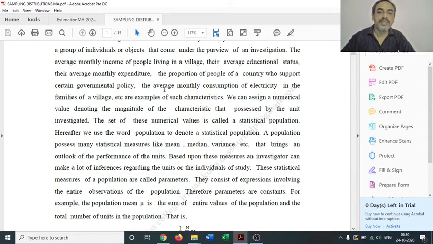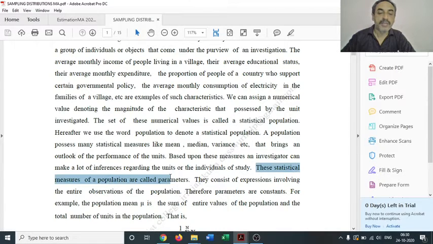In sampling distribution, we found that a statistical population is a set of values collected from the individuals or items undergoing investigation on a certain characteristic. Based upon these values of the statistical population, we can formulate certain constants of the population.